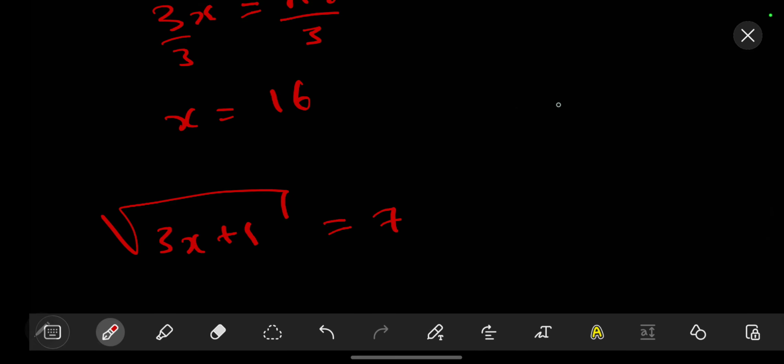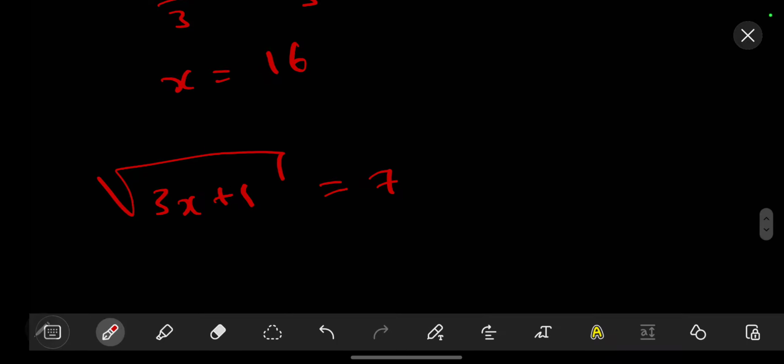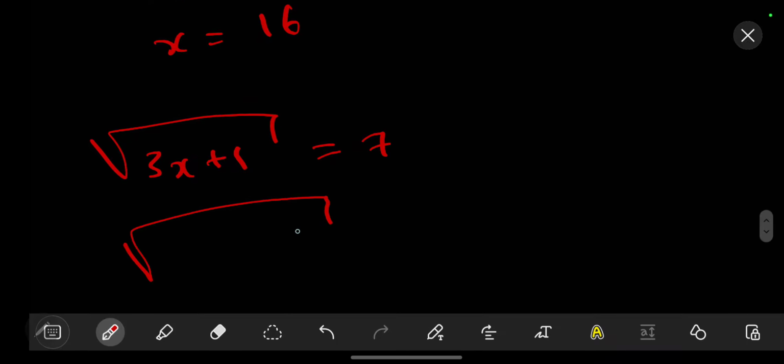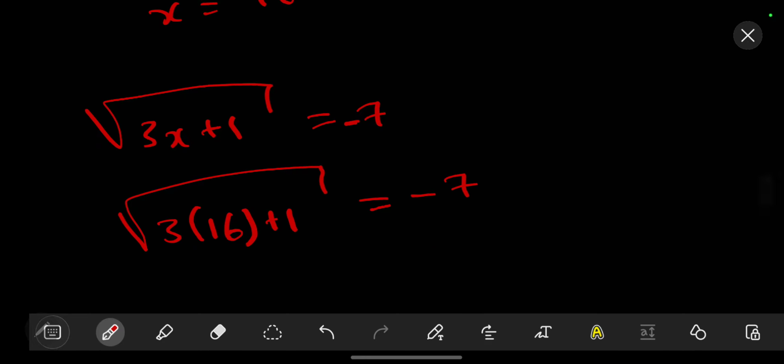So remember, this is our tentative solution and not yet a sure solution. So we are going to have the square root of 3, then where there is x we put 16, plus 1, which should be equal to negative 7 on this side according to the question.